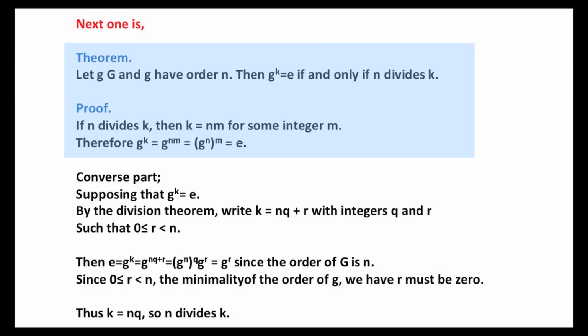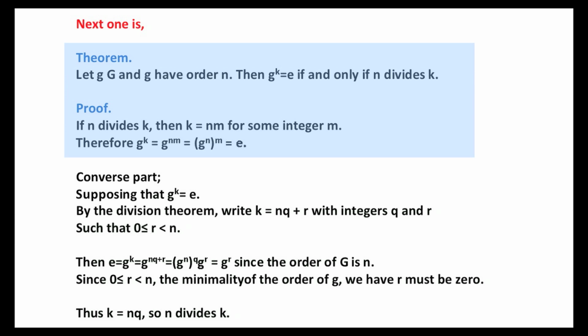Next one is a theorem. Let g belong to G and g have order n. Then g to the power k is equivalent to e if and only if n divides k. Proof: if n divides k, then k is equal to nm for some integer m.